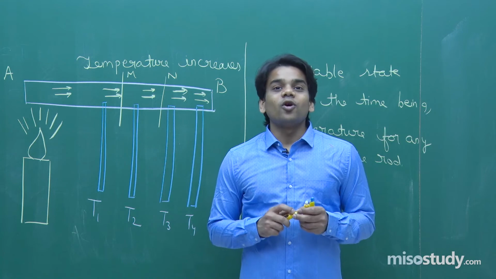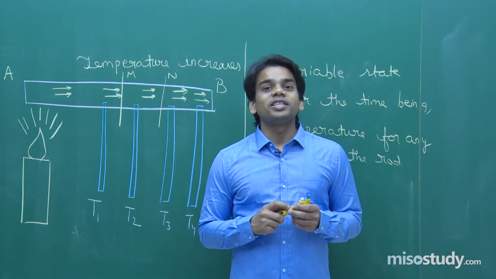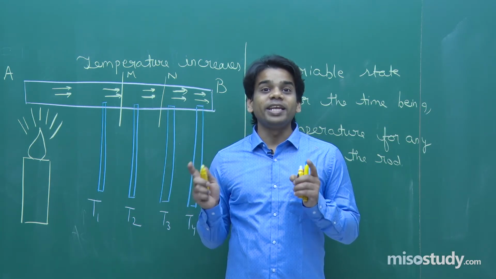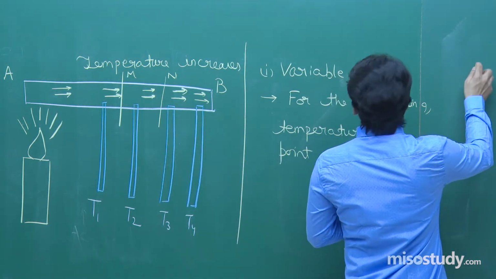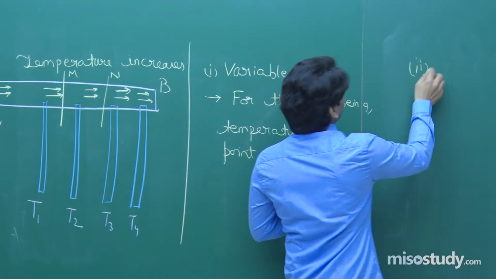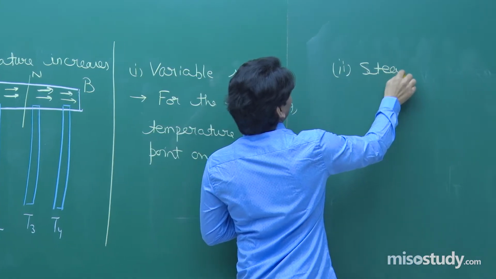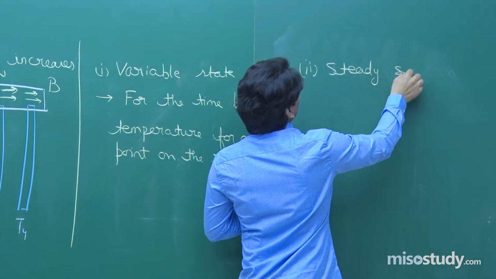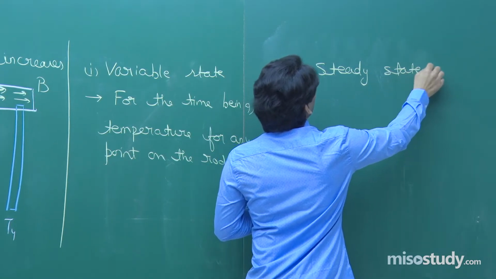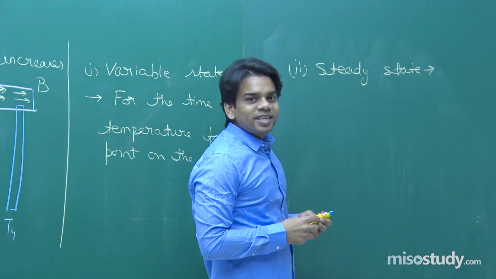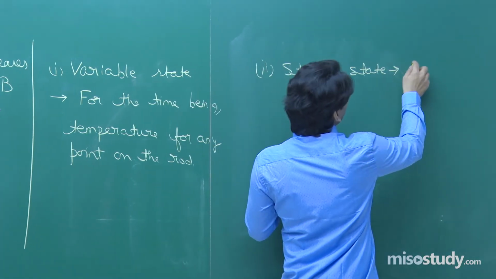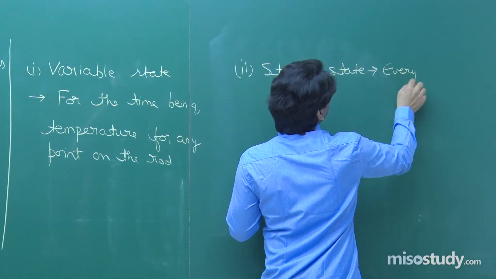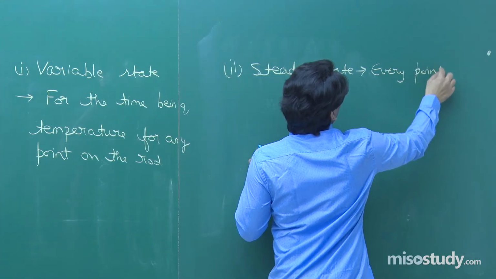In this case, although the heat transmission is taking place, the temperature of any end remains constant. So that means a steady state is reached. So second one, we have a steady state. By steady state, what do I mean? I mean that a steady state is obtained by each of its ends.